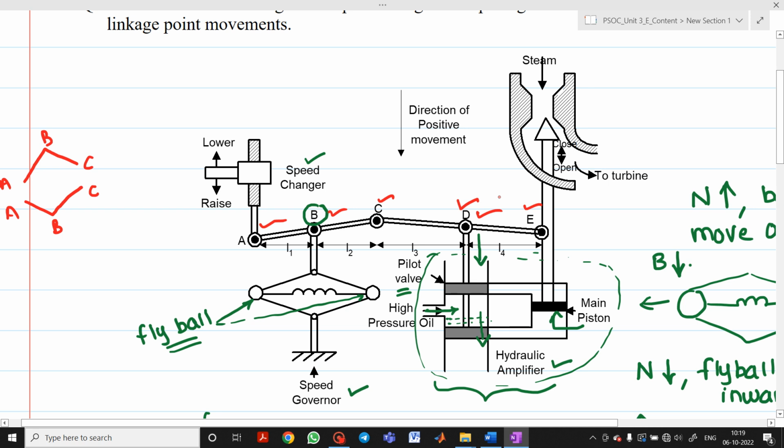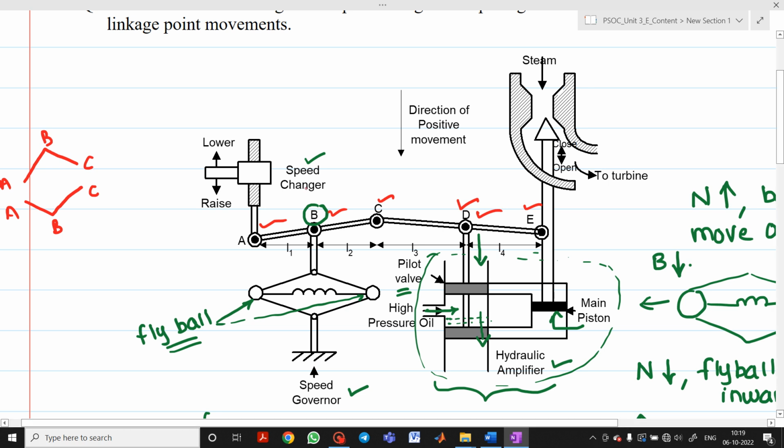So what is the role of this linking mechanism? This linkage mechanism acts as a feedback system and it provides the feedback from the steam valve movement. Thus, it provides a movement to the control valve in proportion to the change in the speed.